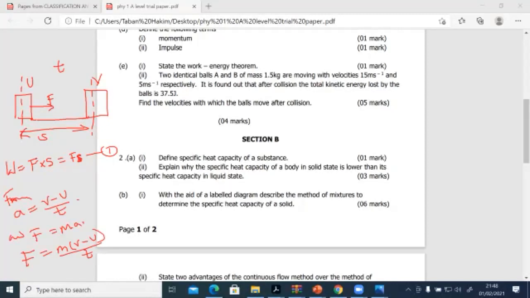But from the third equation of motion, V squared is equal to U squared plus 2AS. I'm trying to rush here simply because of time.